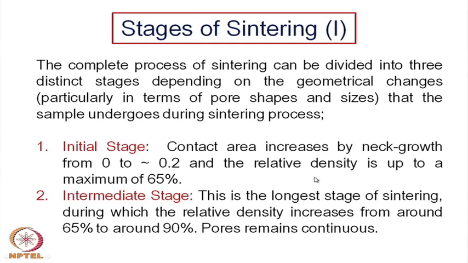So, the pores to start with are continuous, and solids are also continuous. So, it is an interpenetrating two different phases, the solid phase and the pore phase or the gaseous phase, and from 65 to 90% the pore still remains continuous. So, that is the longest sintering stage in terms of time.